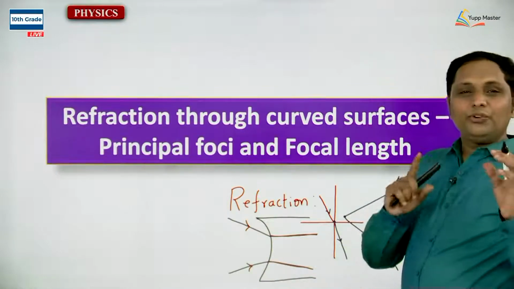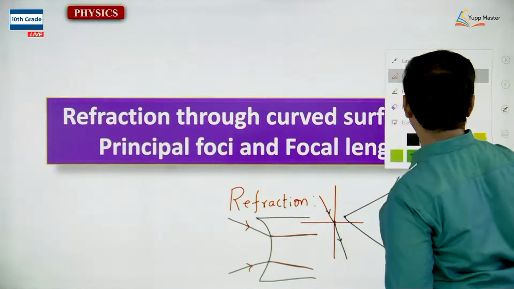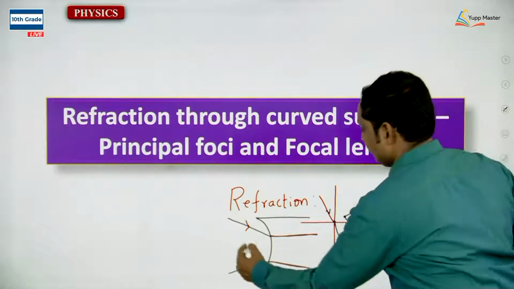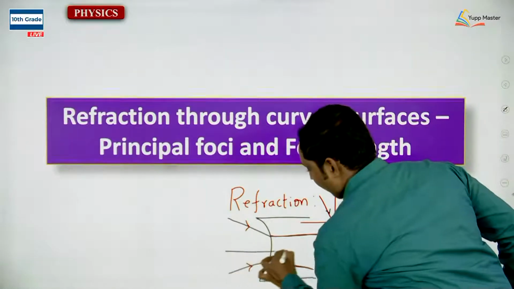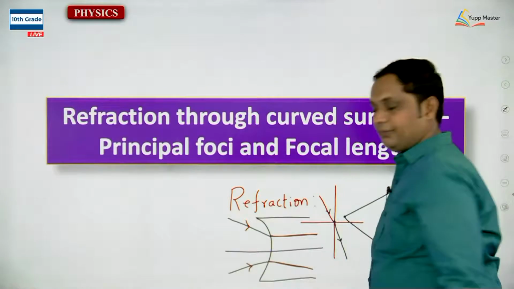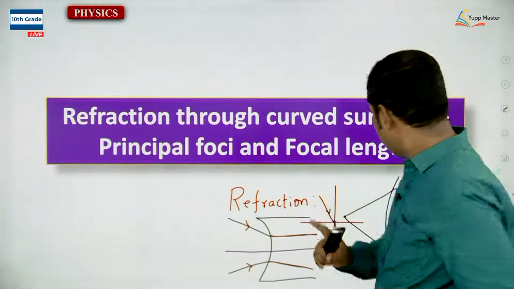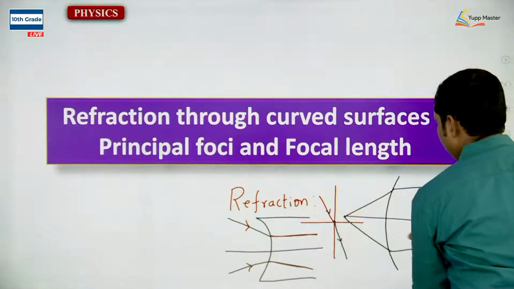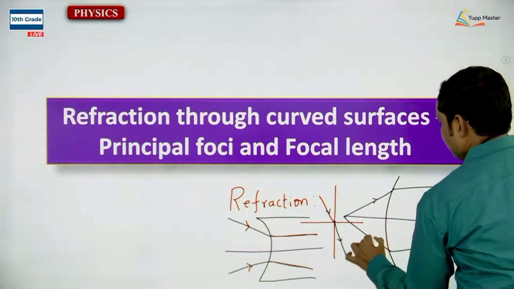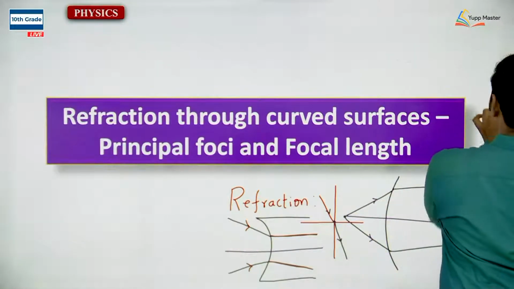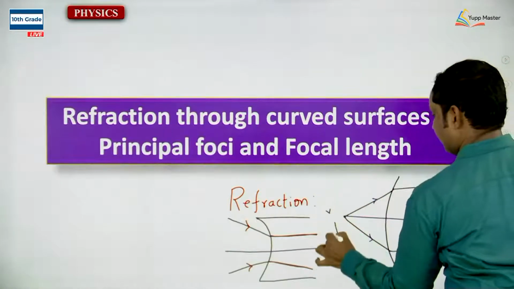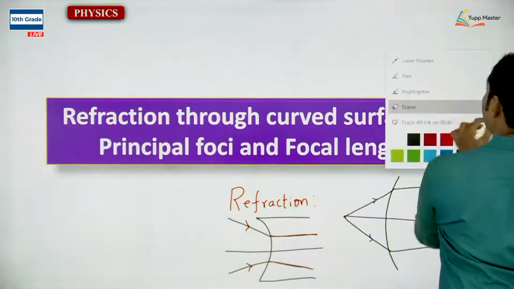Suppose we take one light ray which is incident in the perpendicular direction, it does not show any refraction. It is very clear. Here also you have to take this one.